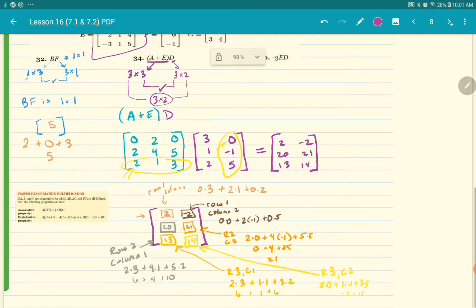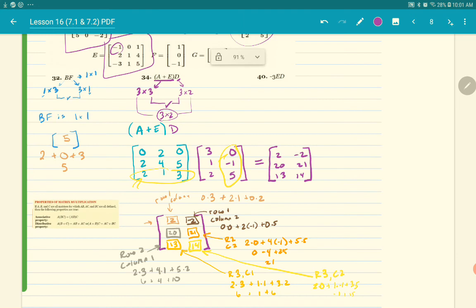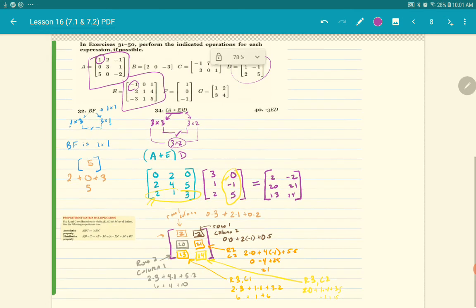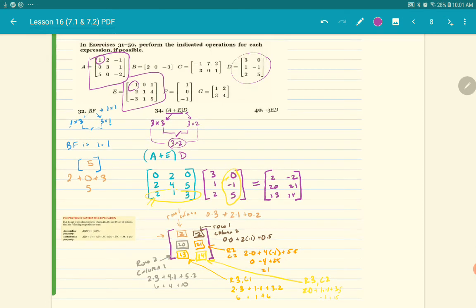All right, so we still have one more to do, number 40. That involves a multiplication of matrices and scalars. So I do the matrix multiplication first. So let's see, E. Remember, scalar multiplication doesn't change the dimensions.